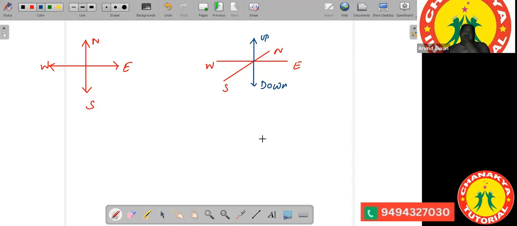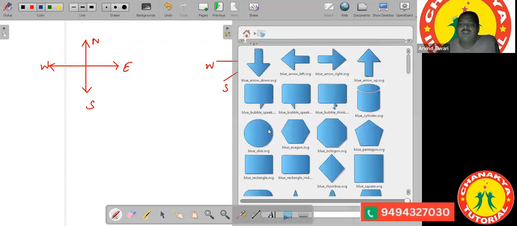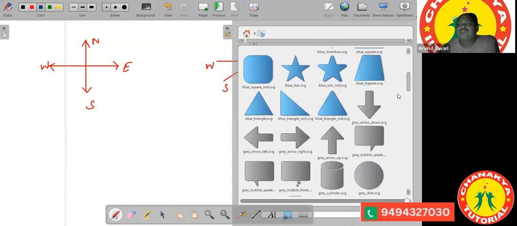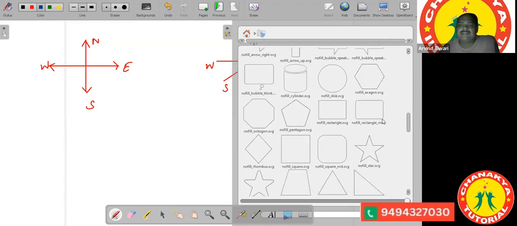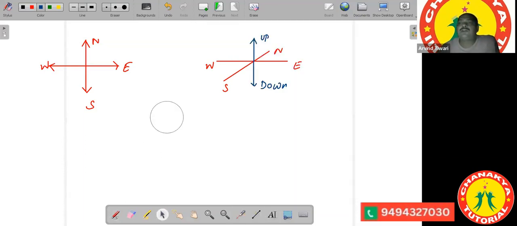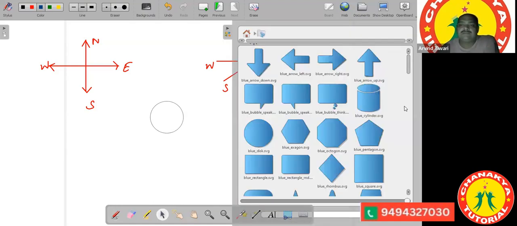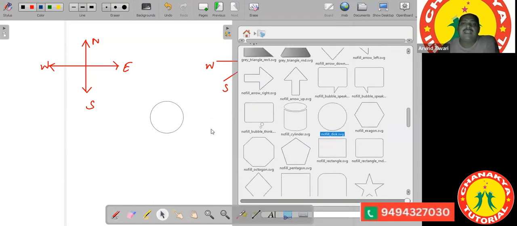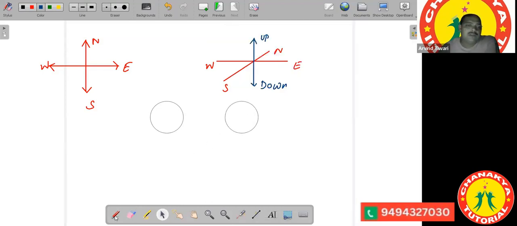Or you may need some other things like motion in a circle. If any object is moving in a circle, it has only two directions. The circular motion has only two directions. It is either clockwise or anti-clockwise.